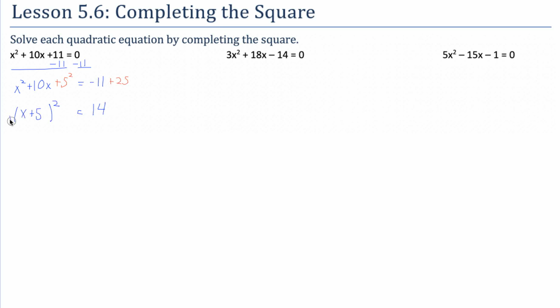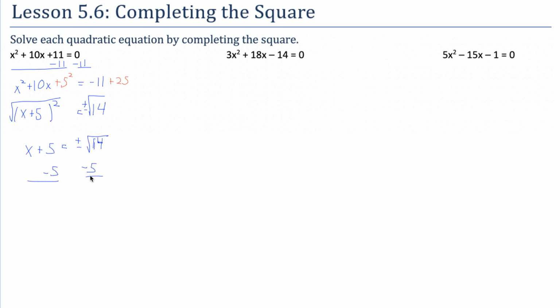So we take the square root of both sides. Remember, when we take the square root of both sides, we need to put plus or minus. Once we take the square root, that simplifies with the squared. So we have x plus 5 equals, the square root of 14 doesn't simplify at all, so we're going to leave it as plus or minus the square root of 14. Then we subtract 5 from both sides to solve for x.